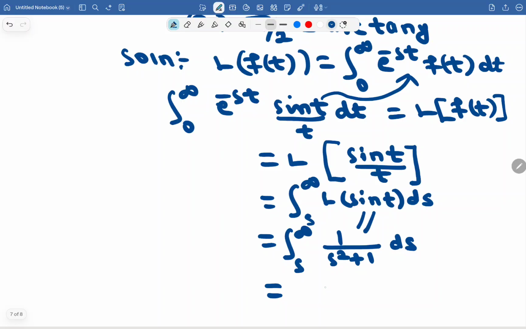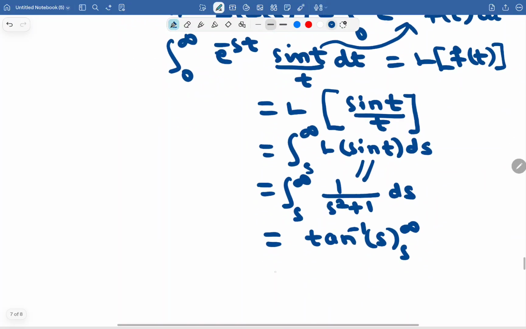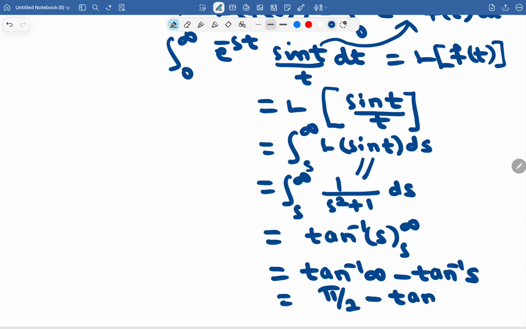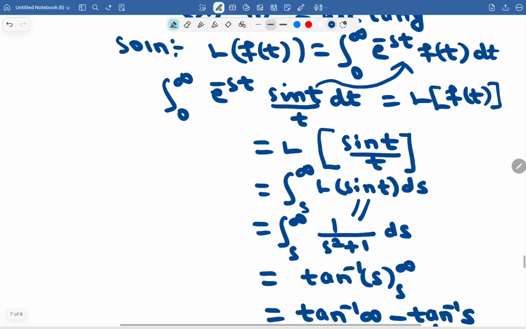Therefore, integral s to infinity ds by s square plus 1. This is tan inverse of s, limit s to infinity, which is equivalent to tan inverse of infinity minus tan inverse of s. This is pi by 2 minus tan inverse of s.